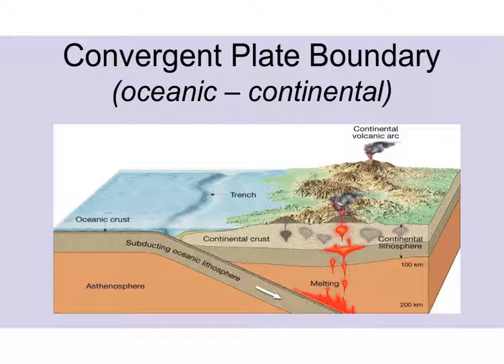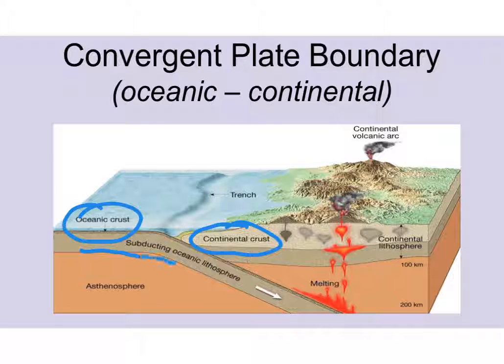This is a great picture of what is happening. We've got our oceanic crust right here, and when the two of them collide, it collides with the continental crust. This oceanic crust goes underneath the continental crust. And a couple of really cool things happen when this occurs.